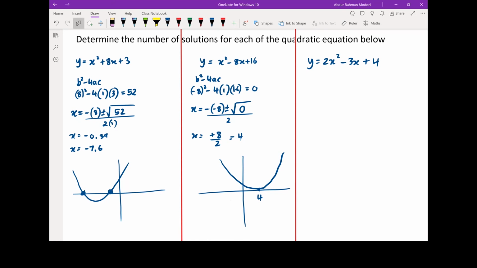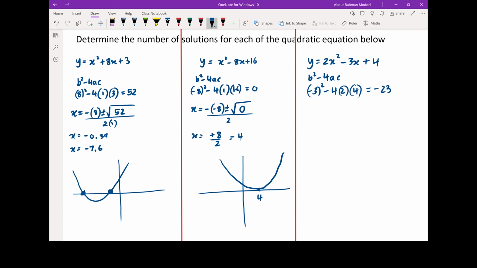So the third case, let's find out what this is going to give us. b squared minus 4ac, and b is minus 3 in this case, minus 4 lots of a times c, which is equal to 9 minus 32, and that gives us minus 23.